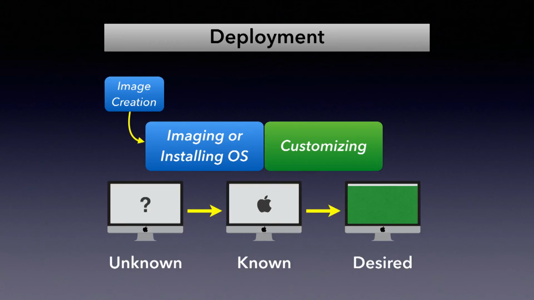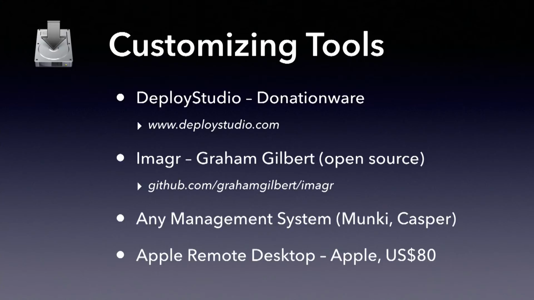Next slide. So here are tools that you can use in the customizing phase. And there are more than I've listed here, but DeployStudio. I'm sure some of you out there have used DeployStudio as a way to get an image onto a computer and maybe set some settings like the time zone and bind to AD perhaps, those type of things.